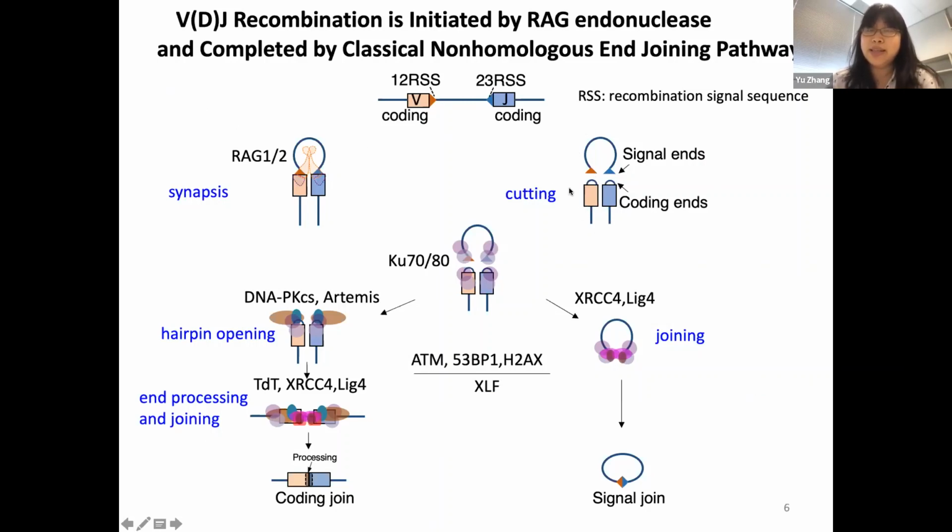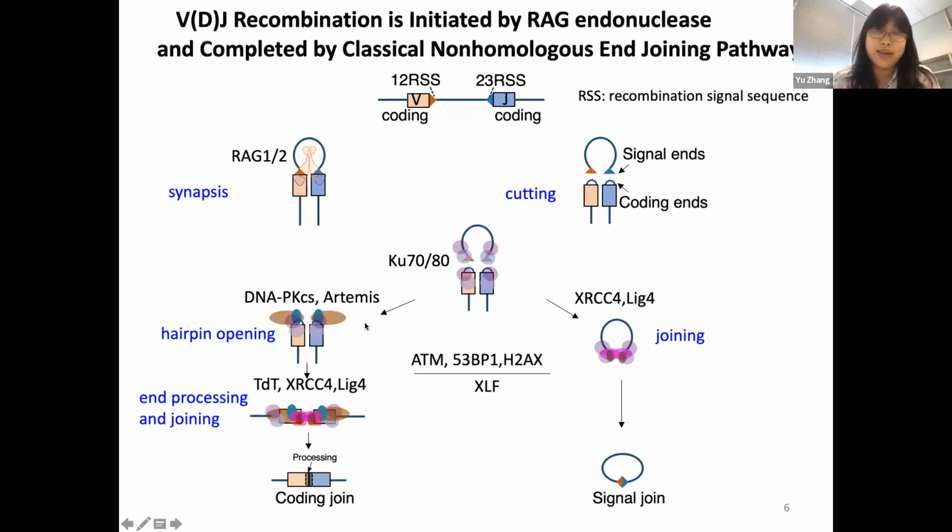This generates blunt-ended signal ends and hairpin-capped coding ends. Then the non-homologous end joining repair pathway repairs these breaks. This is directed in such a way that coding end joins to coding end and signal end joins to signal end. The signal ends, being blunt ends, can be fused perfectly by XRCC4 and ligase 4.